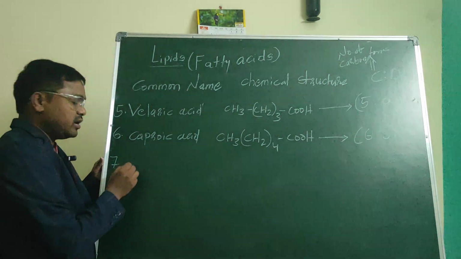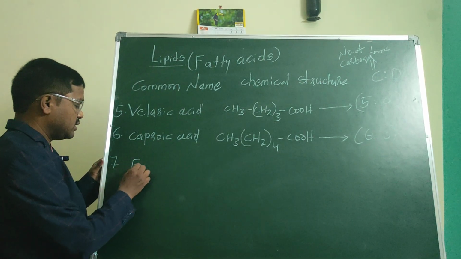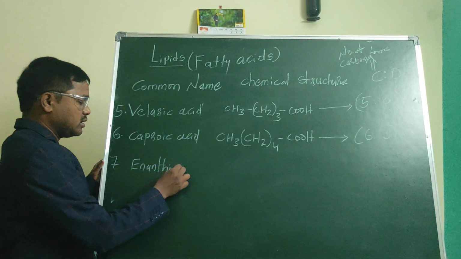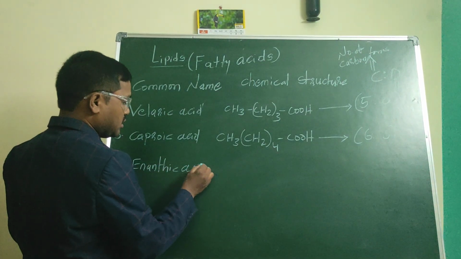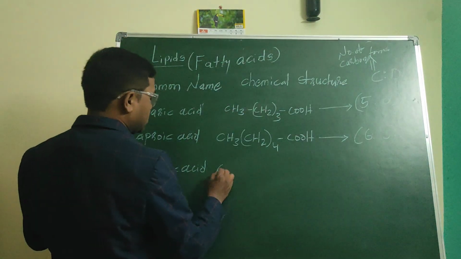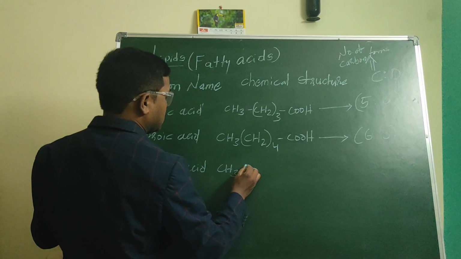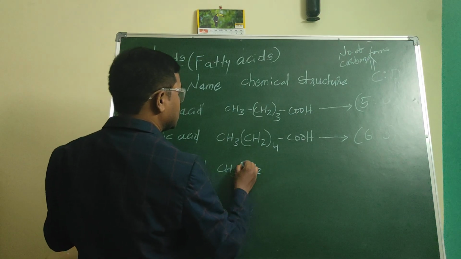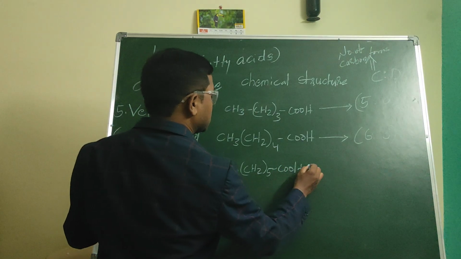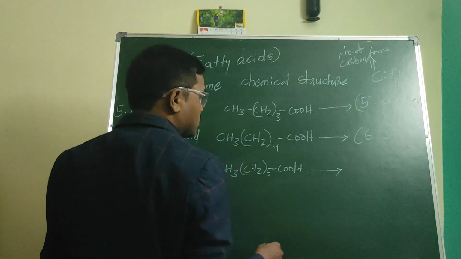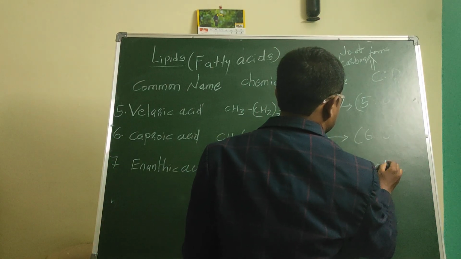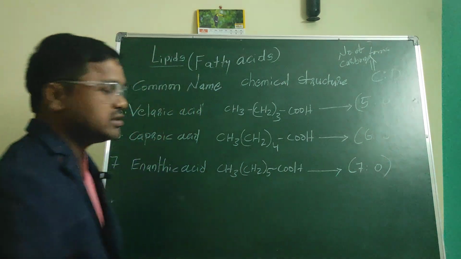Next, enanthic acid, CH3(CH2)5COOH. Number of carbon atoms is 7 and number of double bonds is 0.